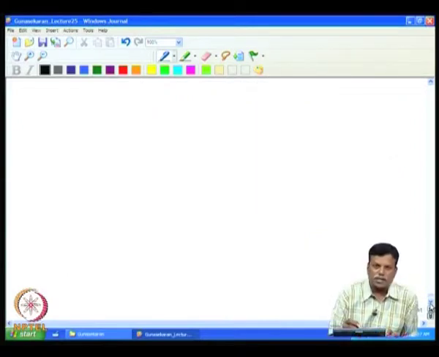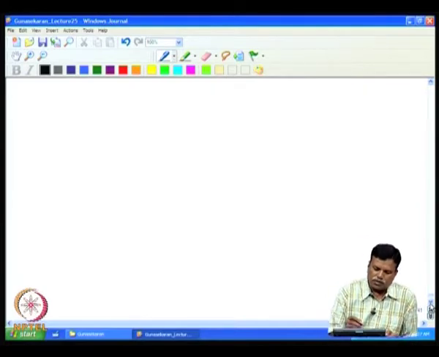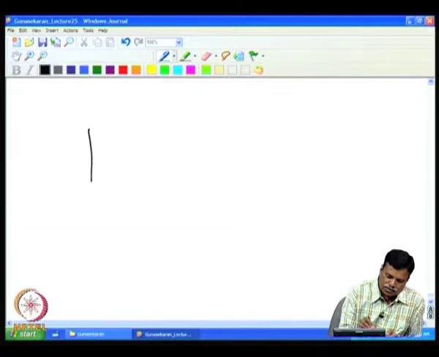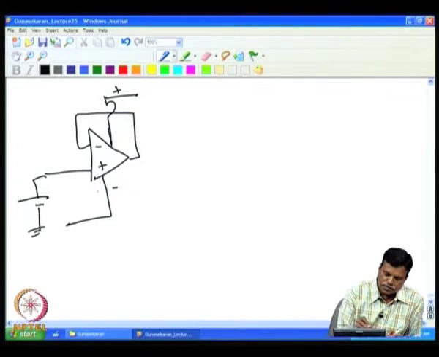For example, if I take a normal dual inline package op amp, you will have an arrangement like this, with the pin numbers as you see. We have two power supply terminals, plus and minus, this is the input, and this is the output.